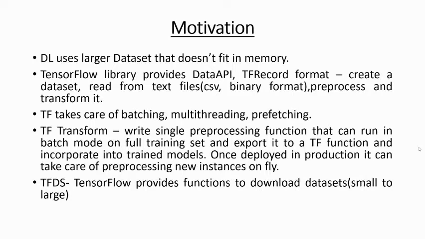After applying the pre-processing function, if it is working properly, we can export it into a TF function and then import it into the trained models. Once everything is working properly, we can deploy it onto production. This pre-processing function can take care of any new instances on the fly in production.